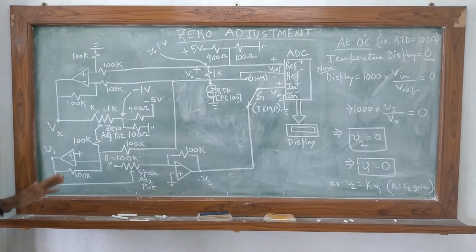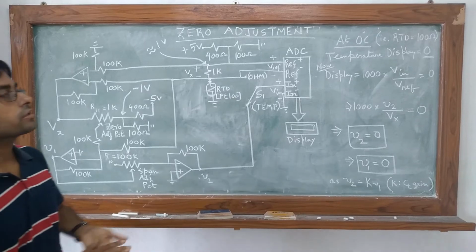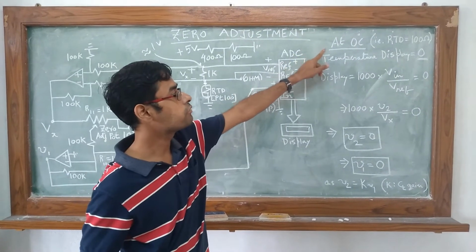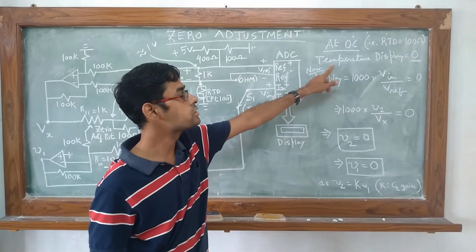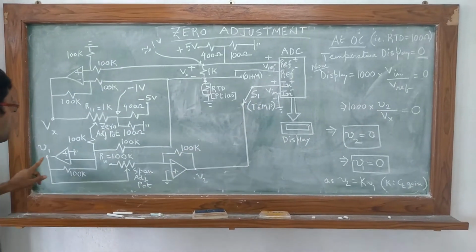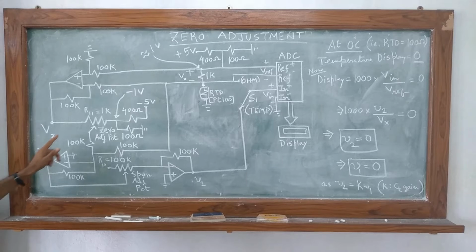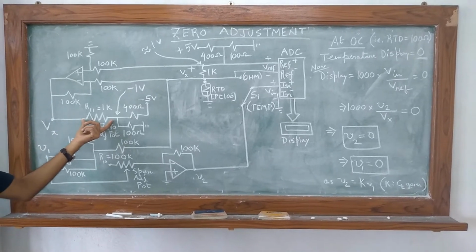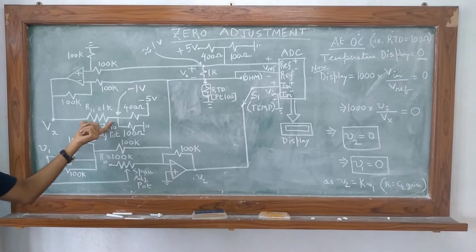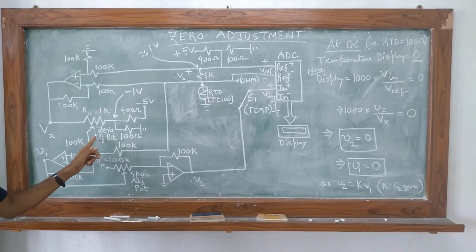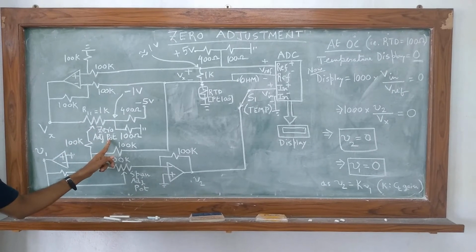So what we are trying to do here is that at 0 degree centigrade, if we want the temperature to display 0, we should somehow be able to make V1 equal to 0. And for that, we need to adjust a particular potentiometer, which is called the zero adjustment potentiometer.